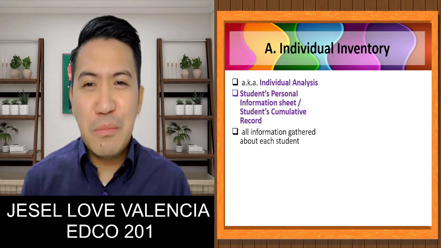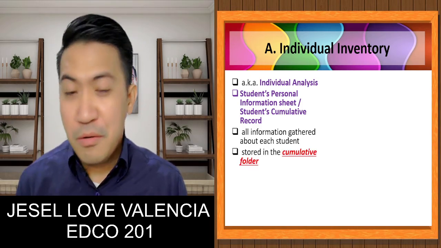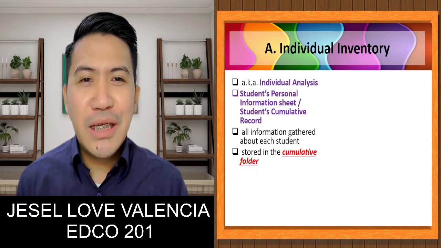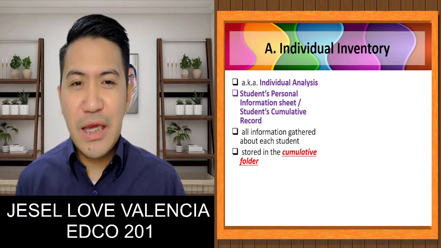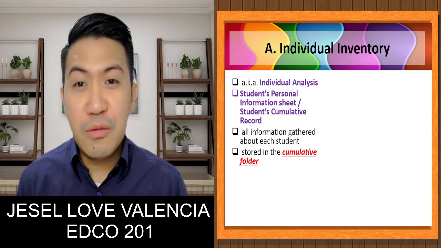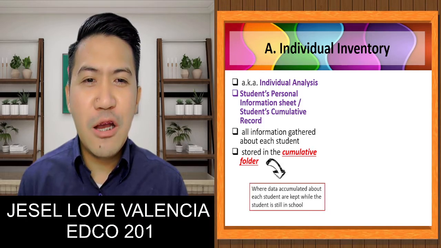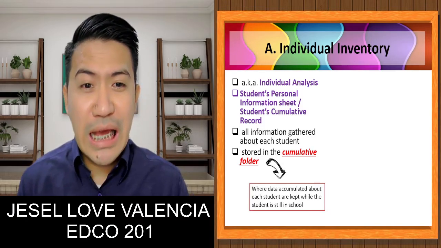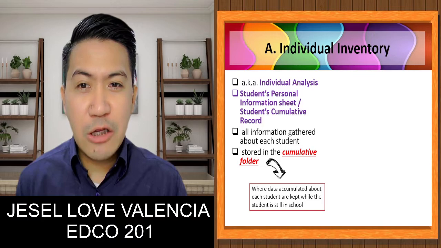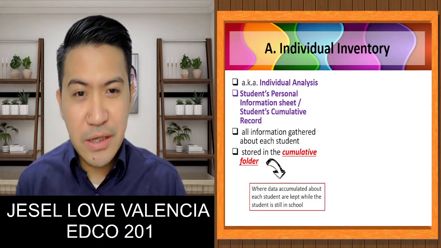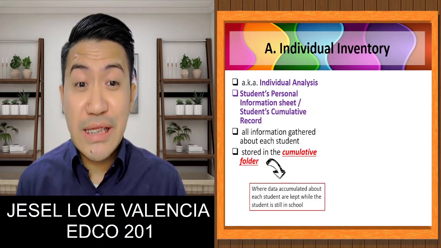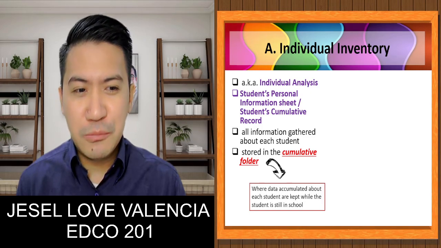into the envelope or the folder that I'm going to show you, because the individual inventory is stored in the cumulative folder. Now, the cumulative folder is where the data accumulated about every student are kept while the student is still in the school.